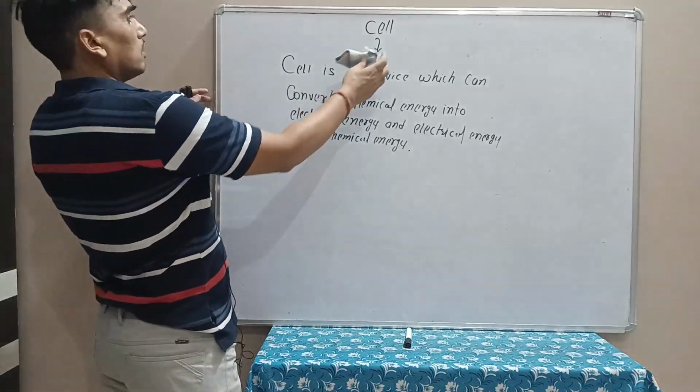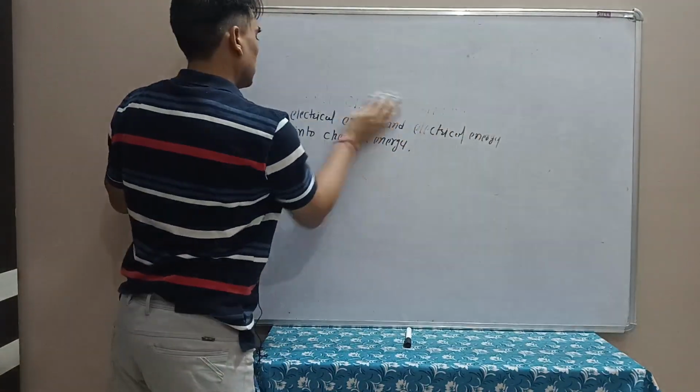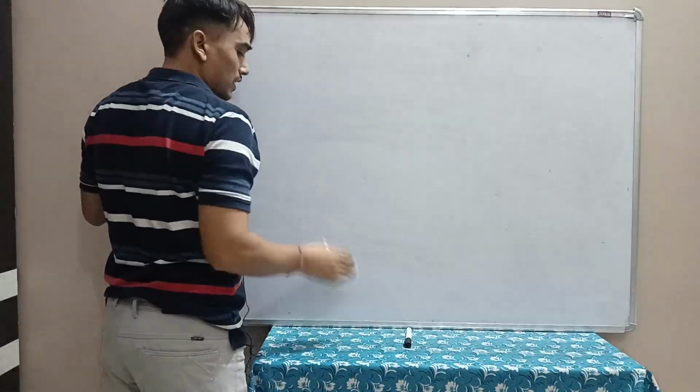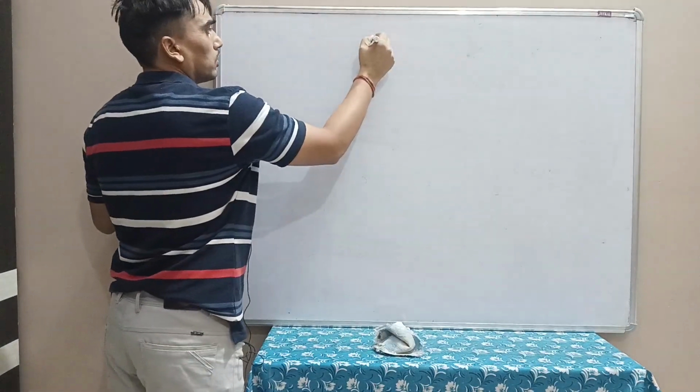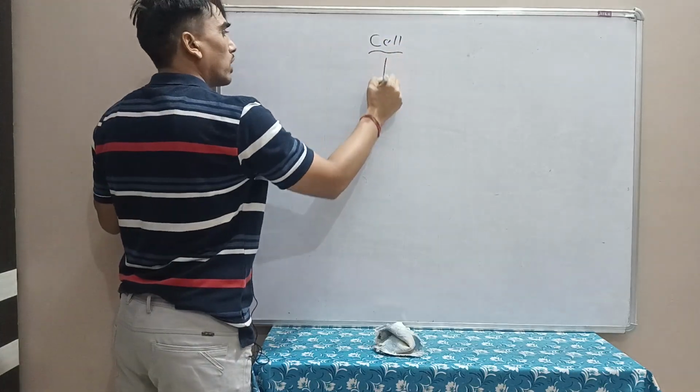And today our topic is electrochemical cells, which are a part of cells. If we further classify cells, there are two types.